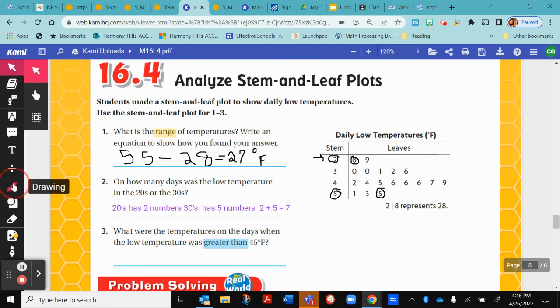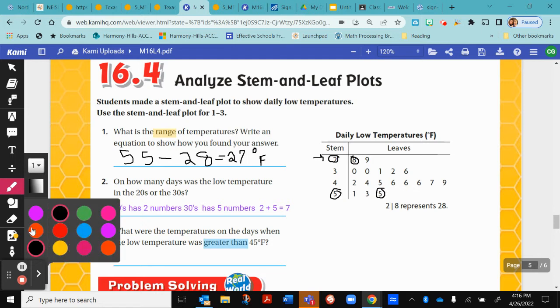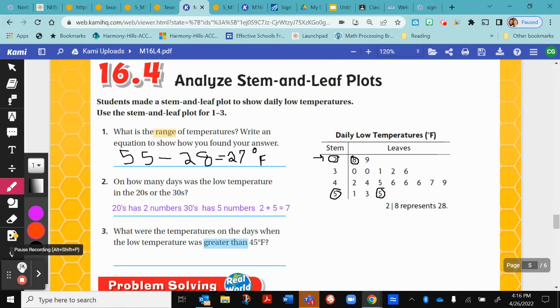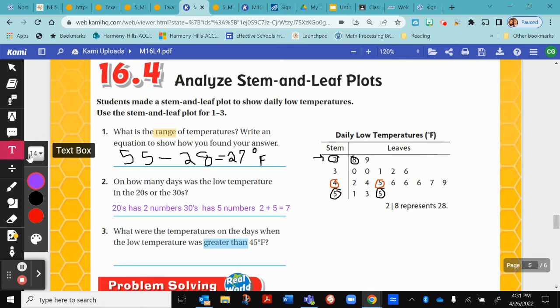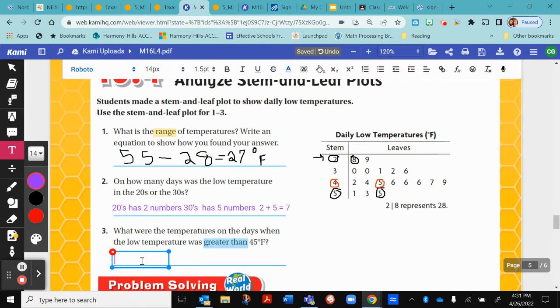So I'm going to go to STEM 4, and on STEM 4, so make sure that you look at that greater than. Okay, so I'm going to STEM 4, leaf 5, and then I have to list the temperatures that are greater than 45, the low temperatures that are greater than 45 degrees Fahrenheit. So that's going to be 46. And I'm on the computer, so I can't put the little degrees, but you can write yours down.